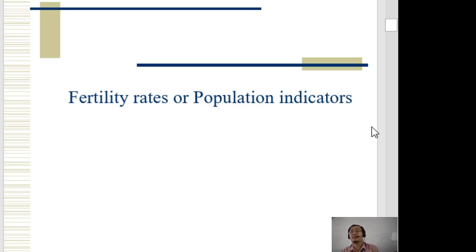When you say population or fertility rates, the first thing that comes to our mind is growth or increase in population, in the number of people in a certain place or country.